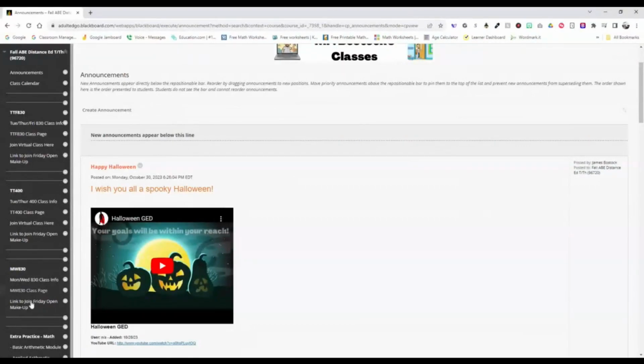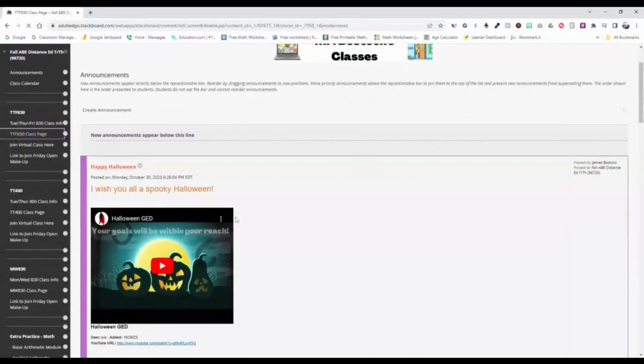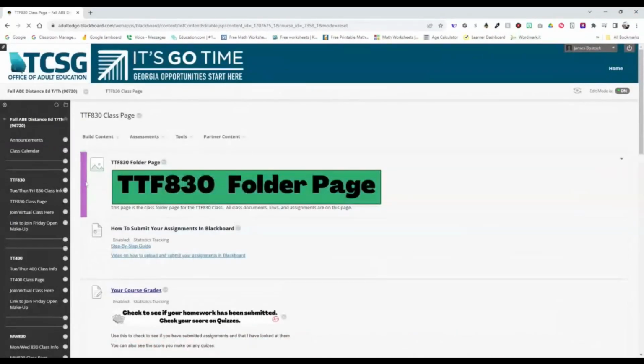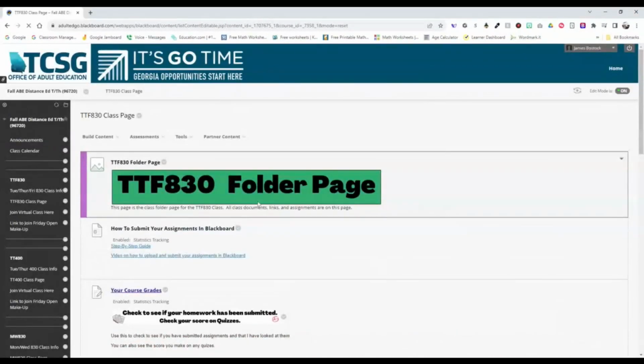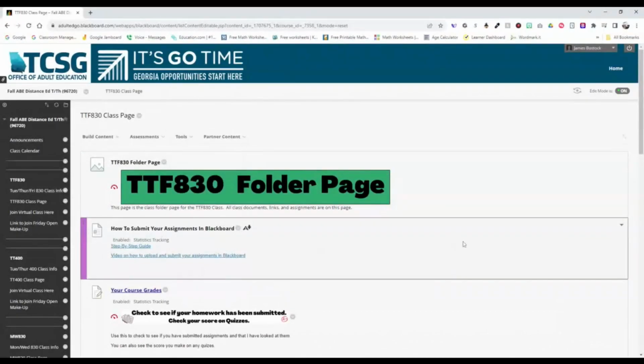This is your stuff up here. This is where you will go. You will not go down here because these are different classes. In our class section, when you click on TTF830 class page, it should have a banner across the top that says TTF830 folder page. This is where all the folders are.